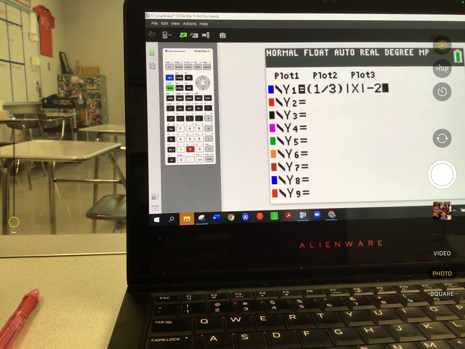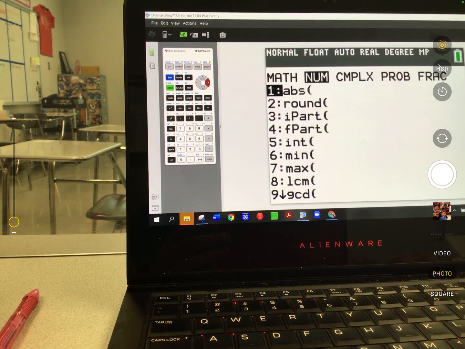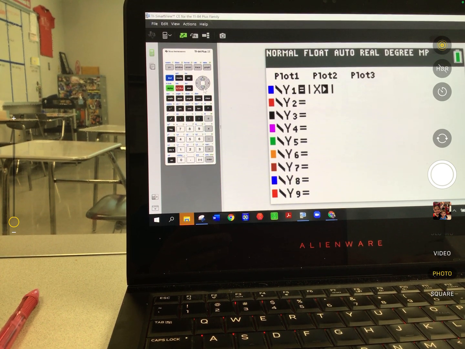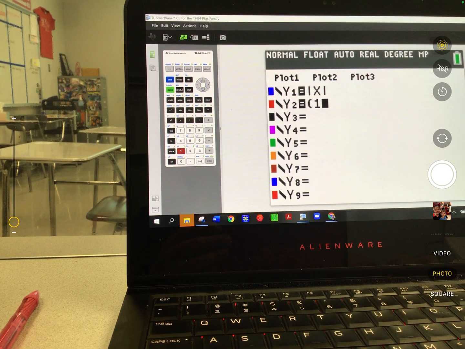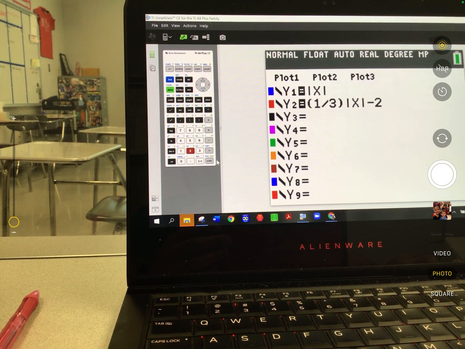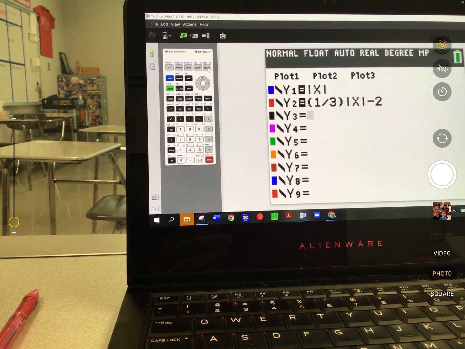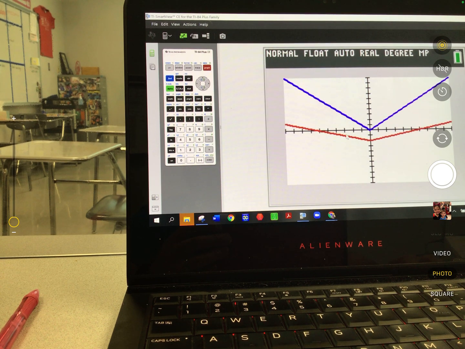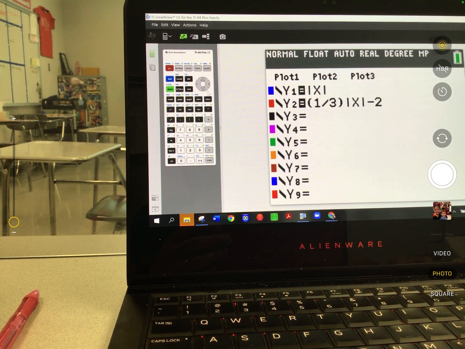I'm also going to put on here my parent function just so we can see how it's doing. So that's the original. And 1/3 absolute value of x minus 2 should get vertically compressed and go down 2 units, as it did.